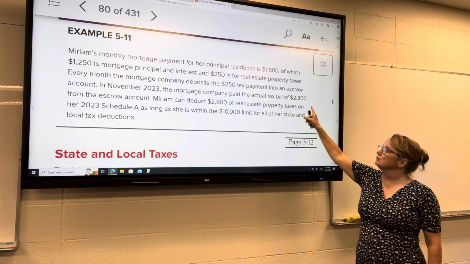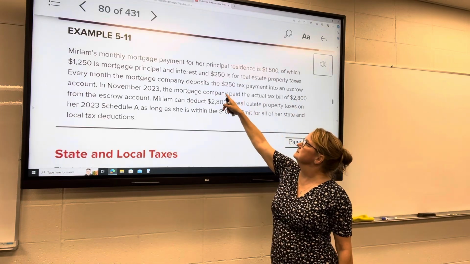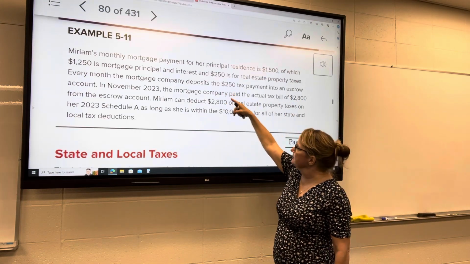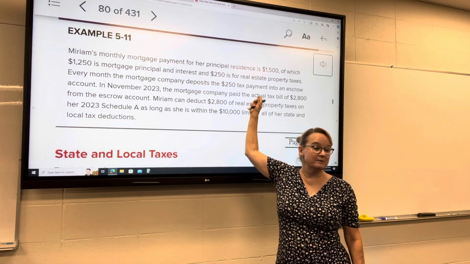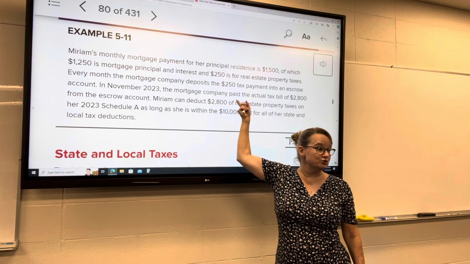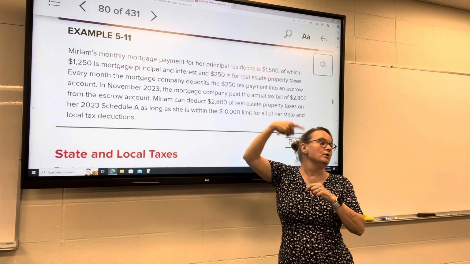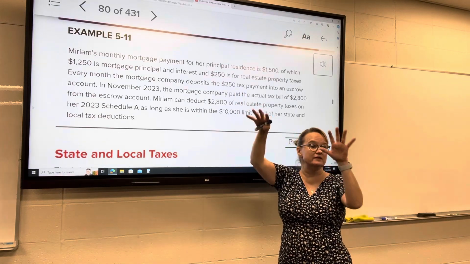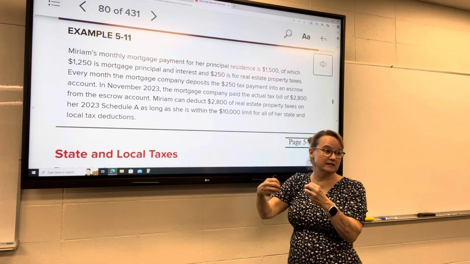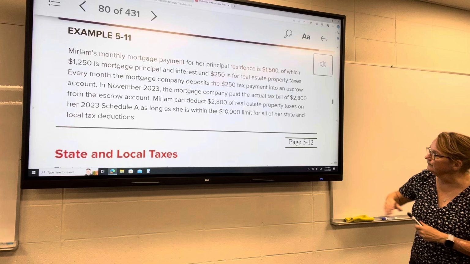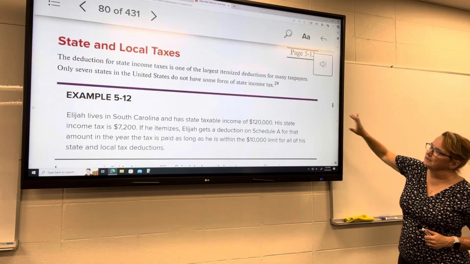So even though she paid, what is it, $3,000 in there, she only gets a deduction of $2,800 for it, because that's how much they paid. That additional $200 that they collected will stay in that account, and then it will lower her monthly payment next year, or what they collect next year. All right.